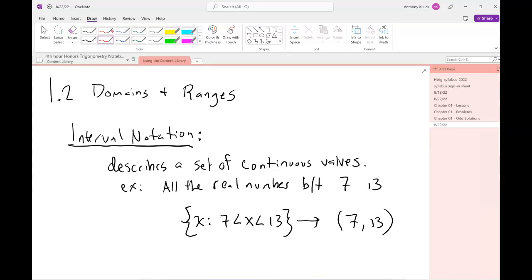And if we said all the real numbers between 7 and 13, including 7, but not 13, our set would have looked like this. So our interval then would have had bracket 7, 13 with the parenthesis.